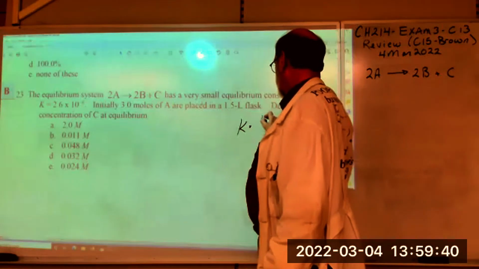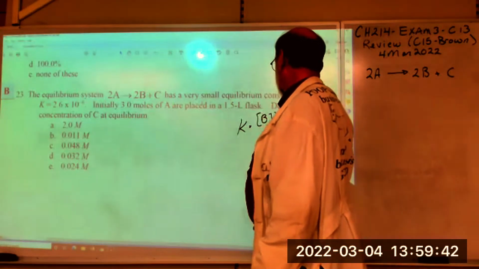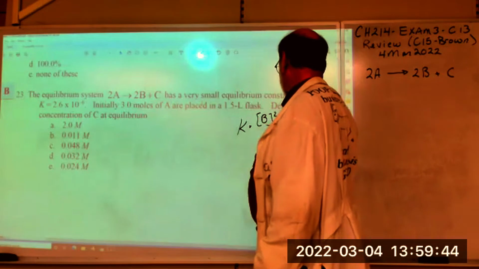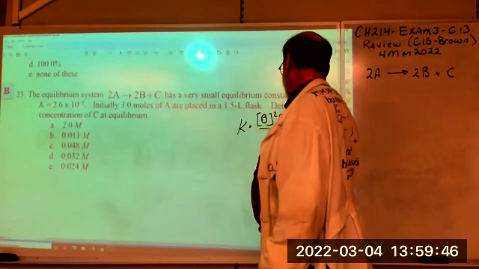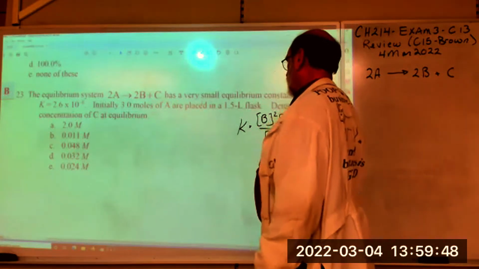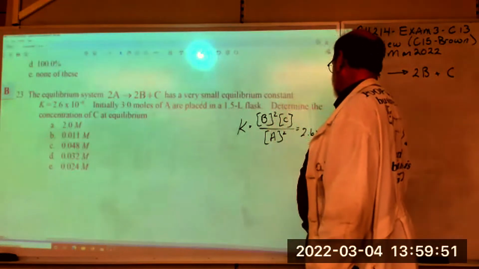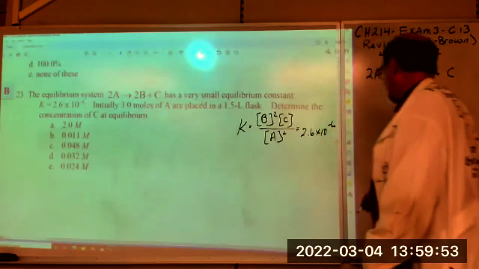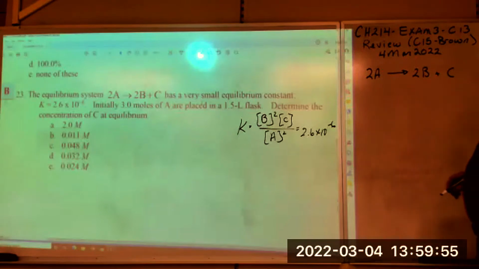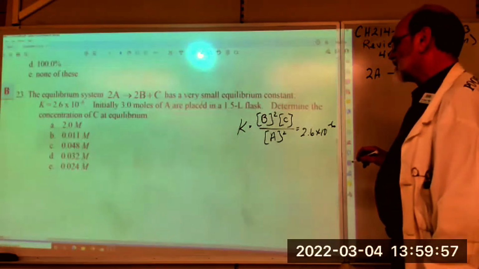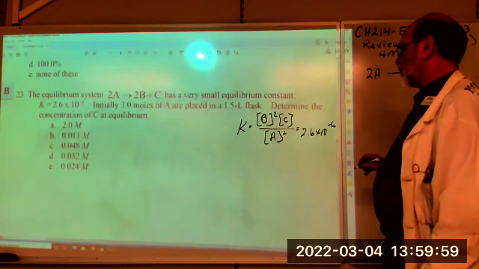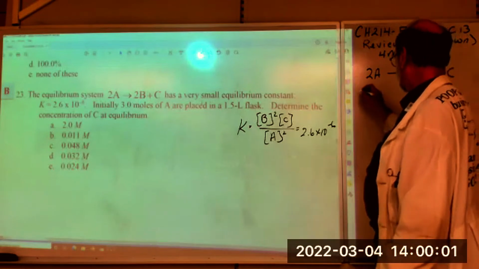K equals B squared times C divided by A squared. And that's equal to 2.6 times 10 to the minus 6. Okay. So initially, 3 moles of A are placed in a 1.5 liter flask.